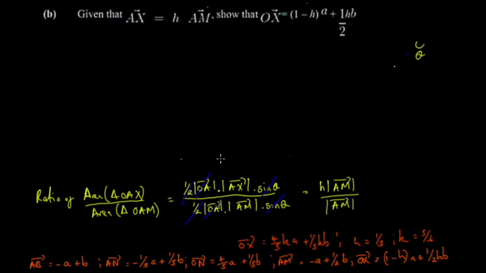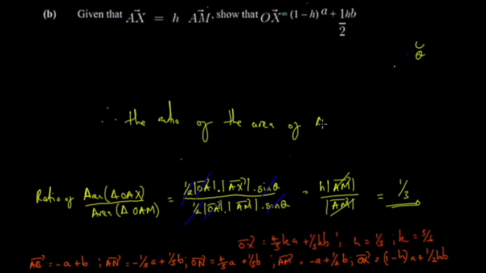From here you can cancel those as well, and then your value of H you had gotten is 1 over 3. So the ratio of the area of triangle OAX to the area of triangle OAM is equal to 1/3, and that's it.